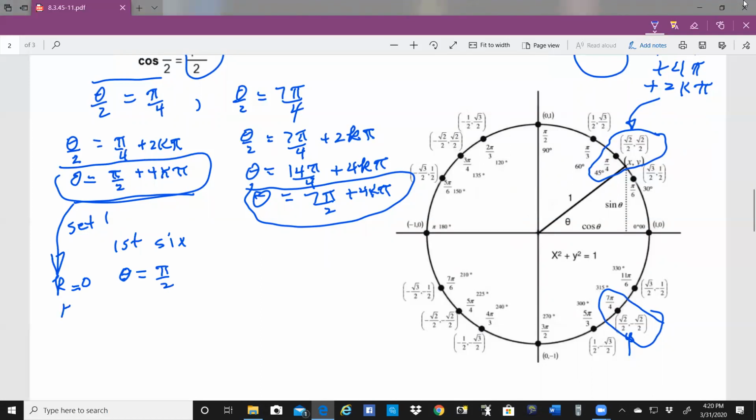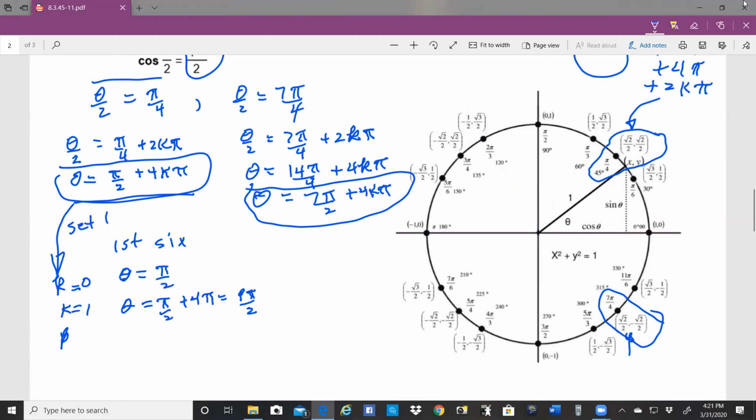K equal 1, we get theta equal pi over 2 plus 4 pi equals, to put it over a common denominator, you get 9 pi over 2.